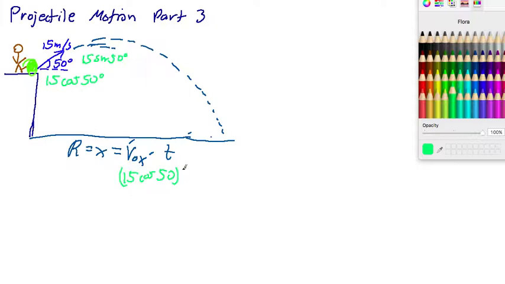So now here we're missing time. Let's find this time. In order to do that, we're going to work with the y-axis like we did in video number 2. For the time, we're going to use the formulas that we used in videos number 2 and 1 to derive the equation. So we're going to say y equals y naught plus v naught t plus 1/2 a t squared.